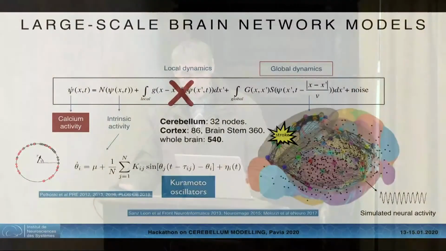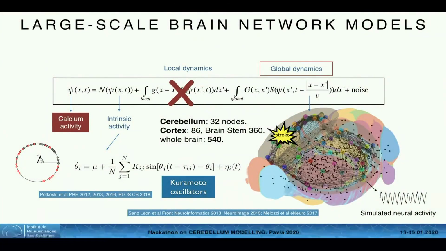And on data from Francesco for the calcium imaging in mice. Is there any cerebellum inside there? In the model, here what I showed, we used only the cortex. So we used either only cortex, 86 nodes, or the whole brain, 540 nodes.